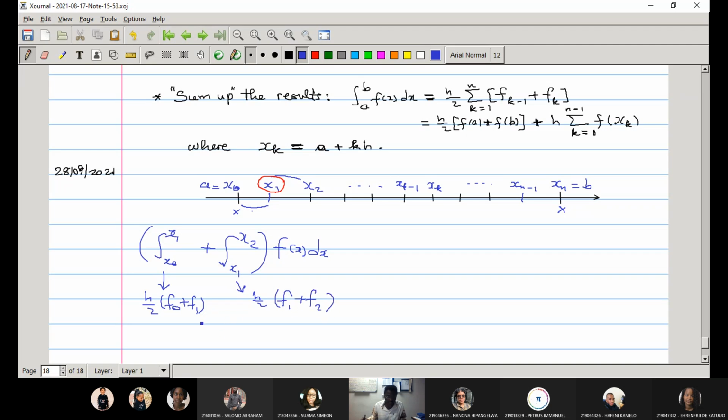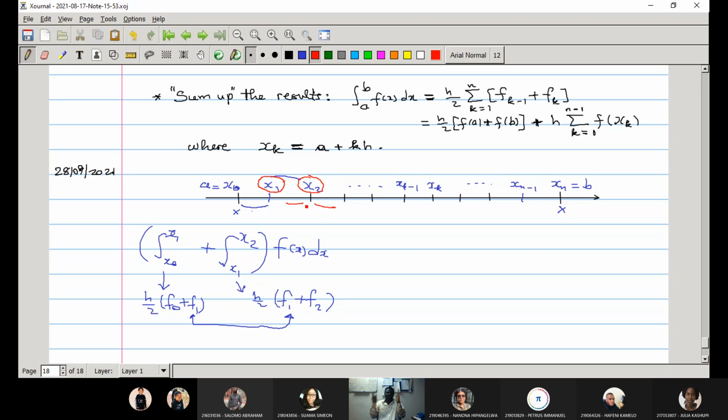So you can see that f1 will appear in the first subinterval and in the second subinterval. But f sub 0 will only appear once. Similarly, this x2 will appear in this subinterval and that subinterval, right?